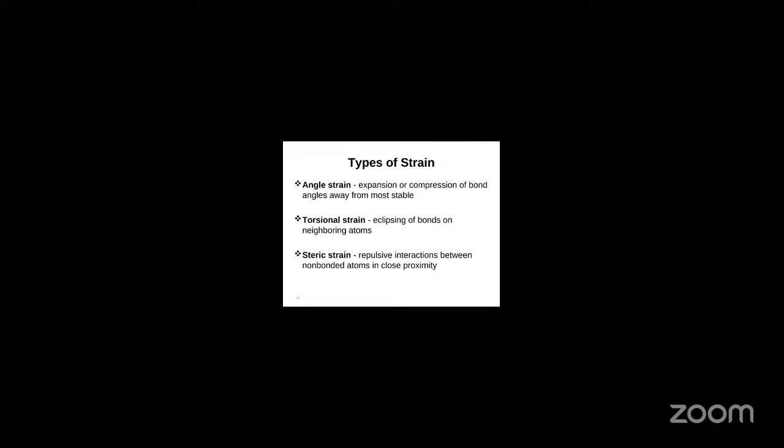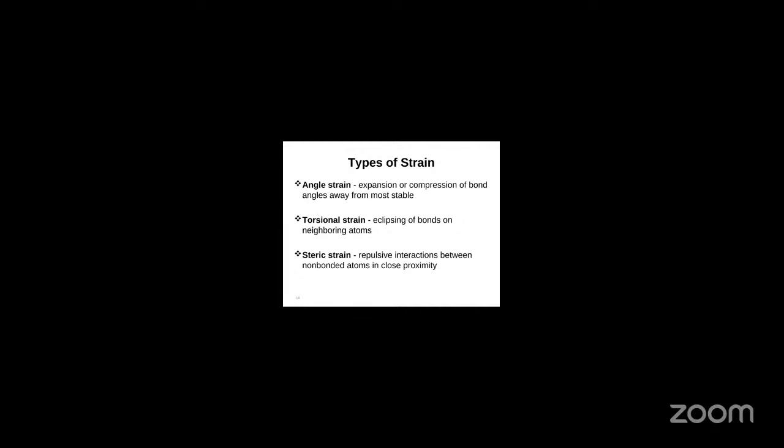We're going to talk about angle strain. Angle strain is the expansion or compression of bond angles away from the most stable. Either they are bigger than the stable angle. Remember, the most stable is the one that conforms to the sp3 bond angle, right? So when there is a deviation, expansion is higher or compression is lower than the bond angle, it's going to cause strain.